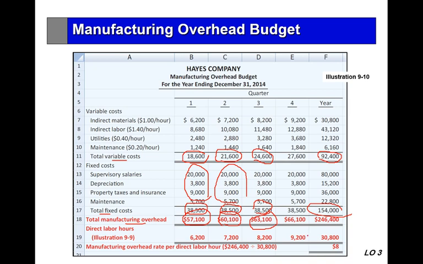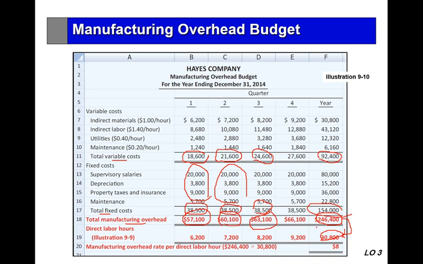Finally, we have the total direct labor hours for the first, second, third, and fourth quarters, and the total for the year is 30,800 hours.